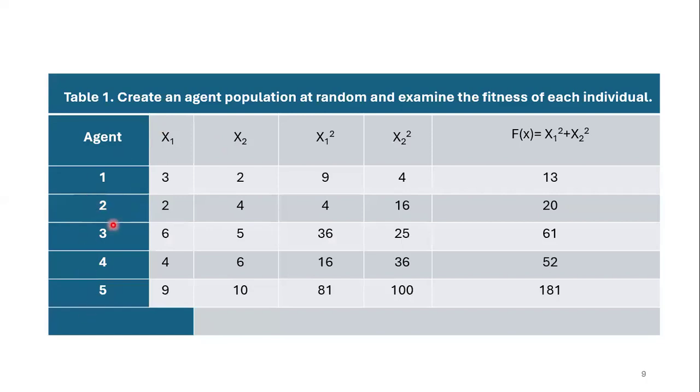That's the table: 5 geese, 1, 2, 3, 4, 5. Each one has 2 dimensions, x1 and x2. Square them, and from them you get the fitness. In this first iteration, the first agent, the first goose, has the best value, 30.